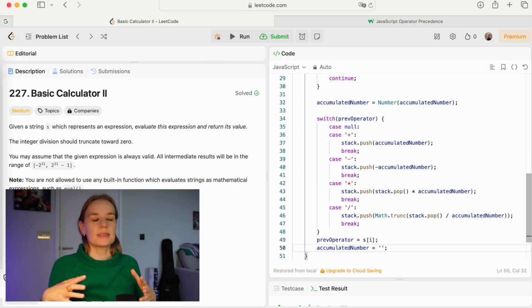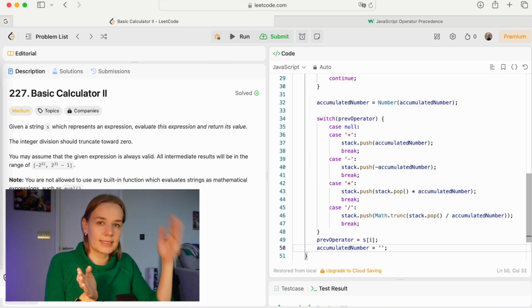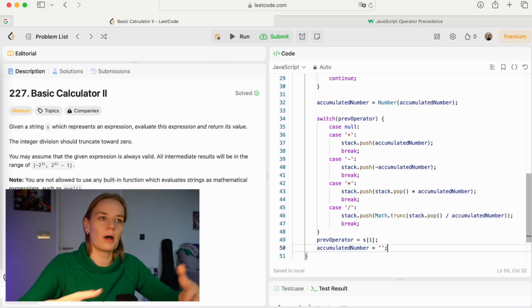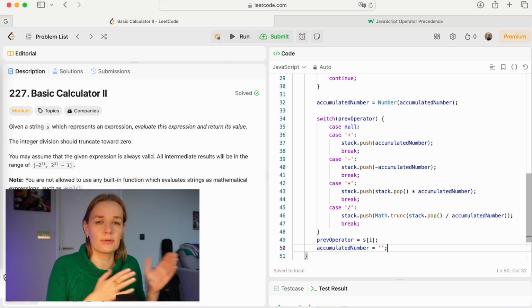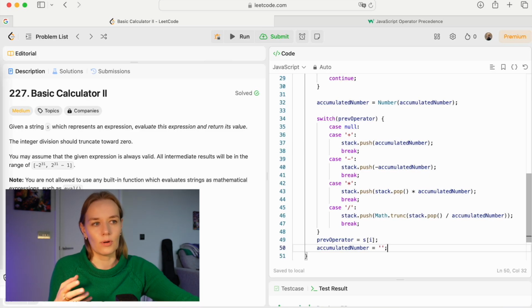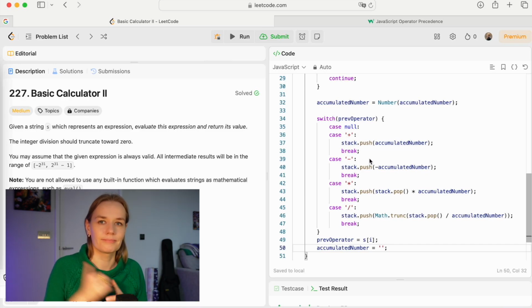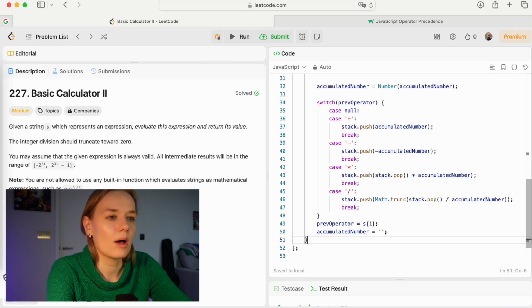And in that case, we have the previous operator, we just save it, we go on to the next number accumulated fully, and when we again go to the switch and find the next operator, or undefined if the string has already finished, we can make the multiplication, or we can push into the stack.